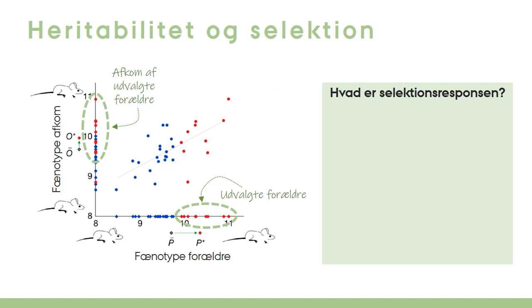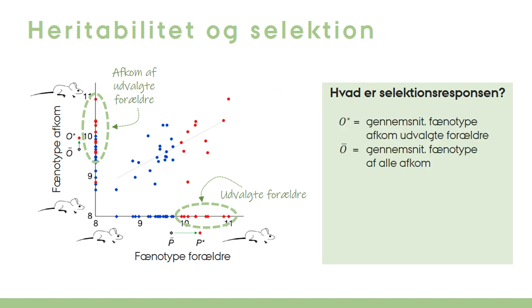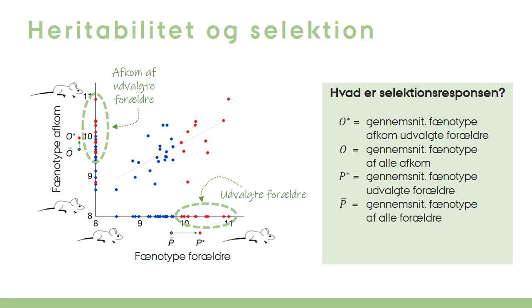Now I'm gonna ask you, what is the selection response? If O with a star is the average phenotype of the offspring from the selected parents, and O with a bar on top is the average of all the offspring. And then for the parents, it's the same.